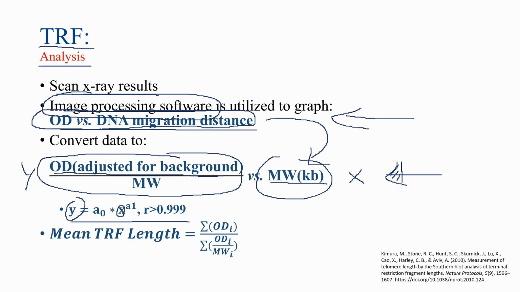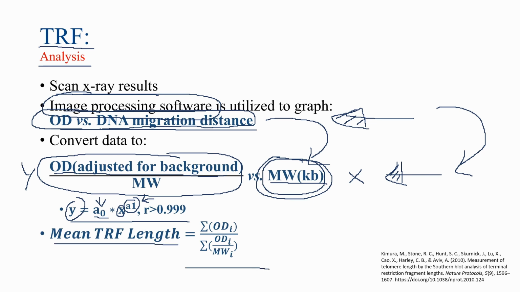Importantly, you should understand that A0 to the left and A1 here are constants. And once you've done the following conversion that I just outlined, you can utilize the following equation to obtain the mean telomeric length of your sample.